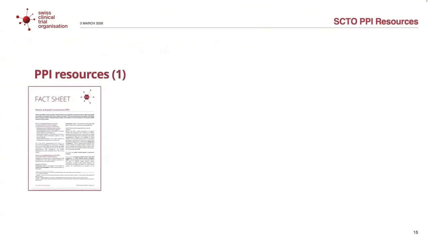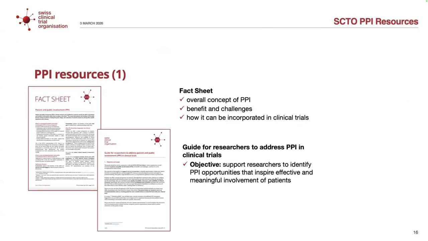For example, we have developed fact sheets that summarize the overall concept of PPI, the benefit, the challenges, how it can be incorporated and implemented in your trial, and then a short guide for researchers to address PPI in trials. This is really with the objective to support researchers to identify PPI opportunities.